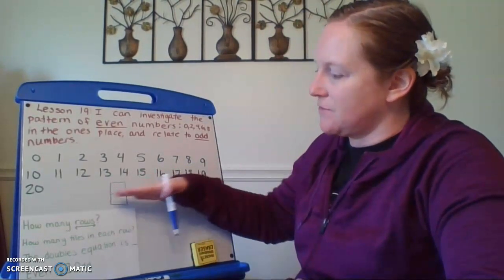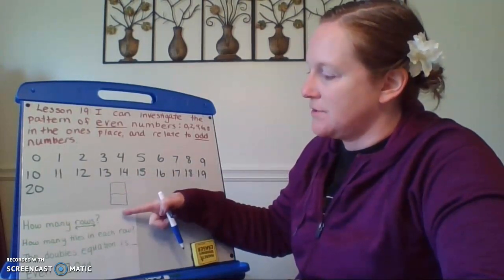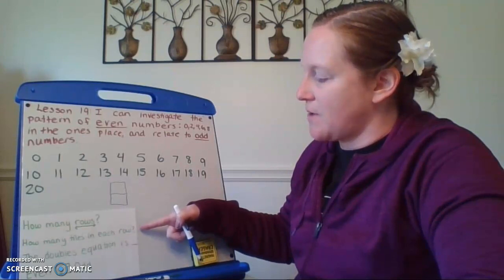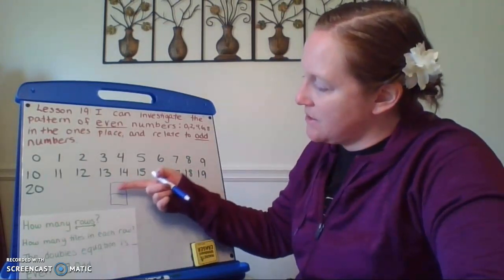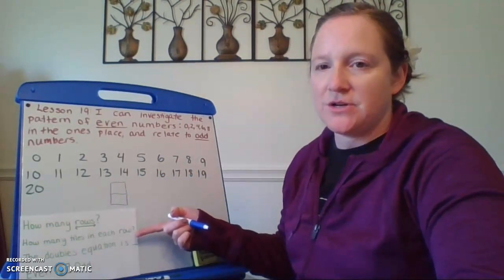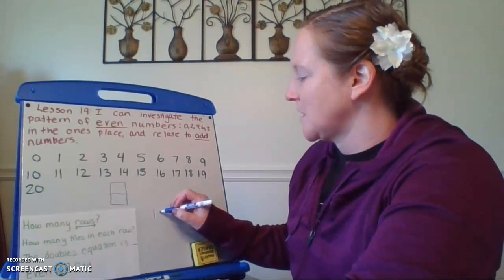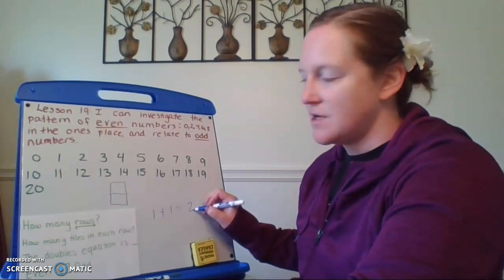Remember, rows go left and right. So 1 row, 2 rows. There's 2 rows. How many tiles are in each row? 1 and 1, right? 1 tile here, 1 tile here. So the doubles equation for this picture is 1 plus 1 equals 2.